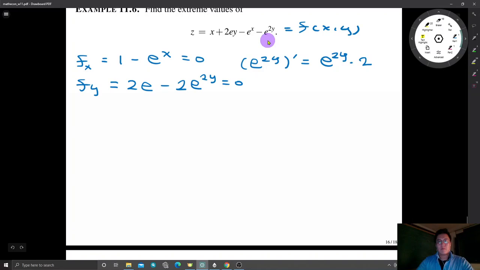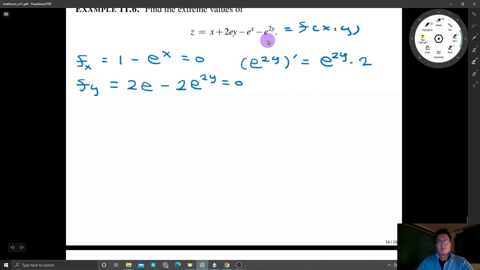Okay, then we have to solve these equations. Okay, the first equation says e to the power x is equal to 1. When does the natural exponential function take the value of 1? When x is equal to 0. Okay? You can solve this equation by taking the natural logarithm. So ln e to the power x equals ln 1, but ln 1 is always 0. ln and e cancel, so we have x is equal to 0.